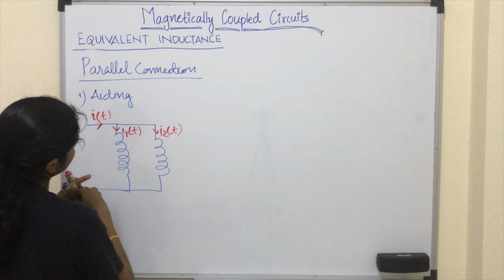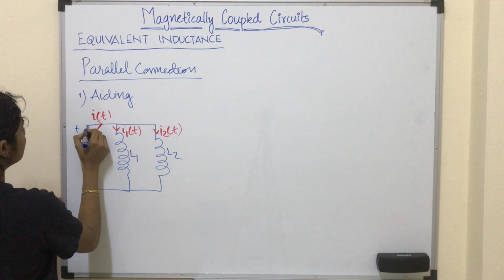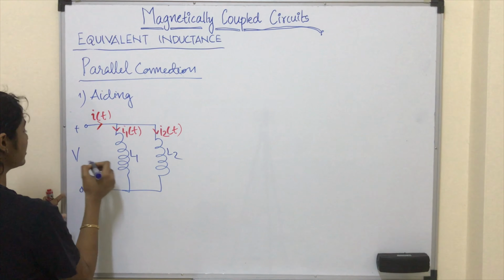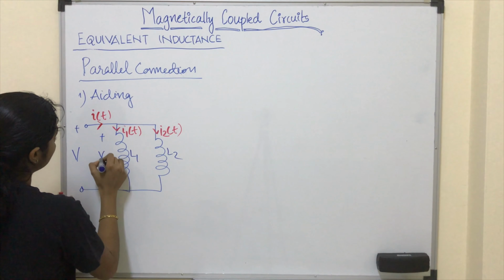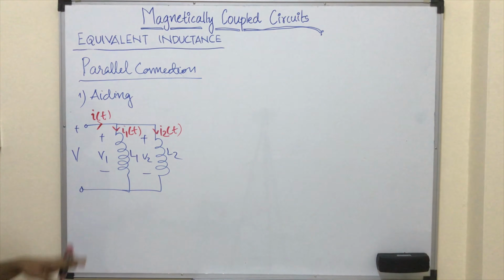Let V be the voltage across this coil, V1 the voltage across this coil and V2 the voltage across this coil.